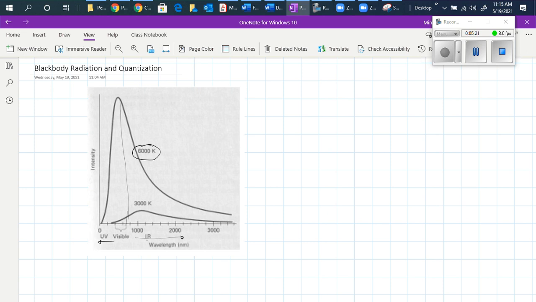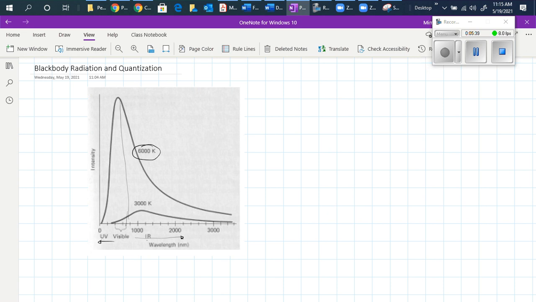A thermodynamic approach also reasoned that hot objects like the filament in a light bulb emit light as a result of the vibrating atoms or charges in the filament.